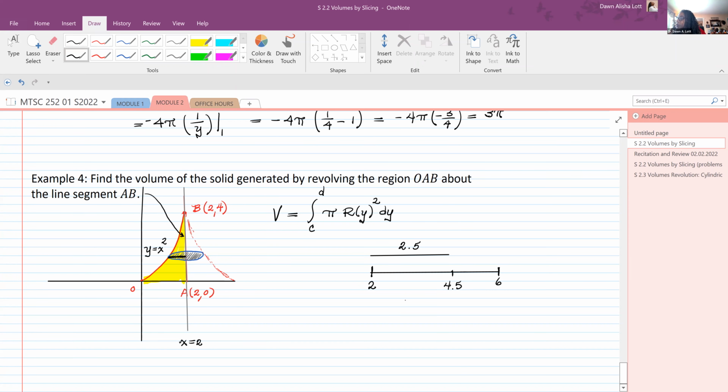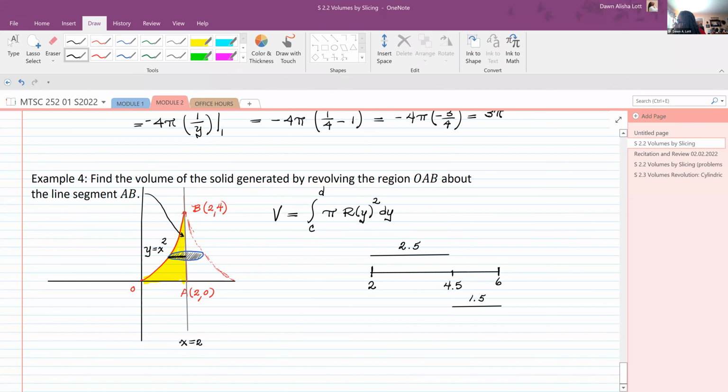Okay, how long is this line? 1.5. Okay, so it's 1.5, because you took this length 6 and you subtracted 4.5 and you got 1.5.